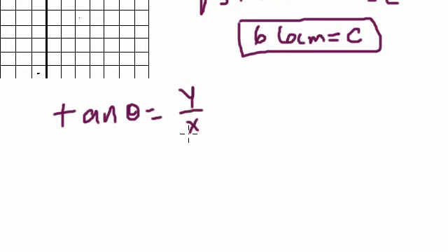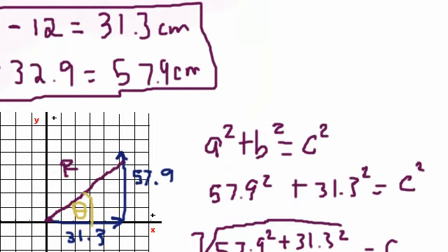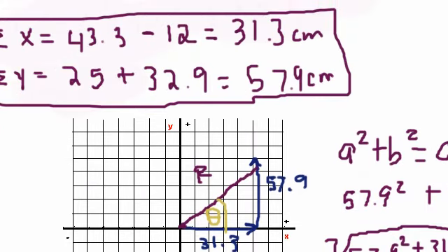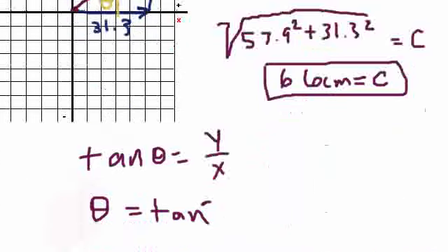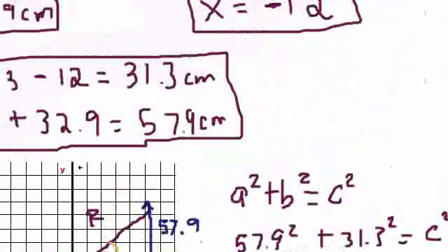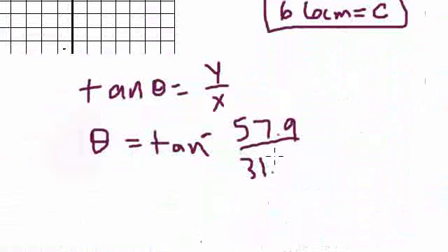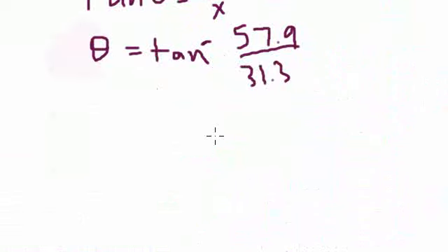What did we say y was? y is 57.9, and x is 31.3. Okay, and let's see what that gives us on the calculator. So theta is equal to tangent inverse of 57.9 divided by 31.3, and you get 61.6, which we could just round to 62 degrees.